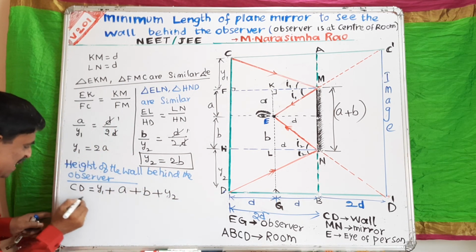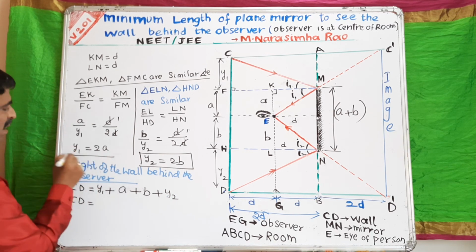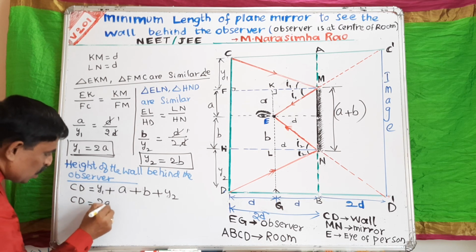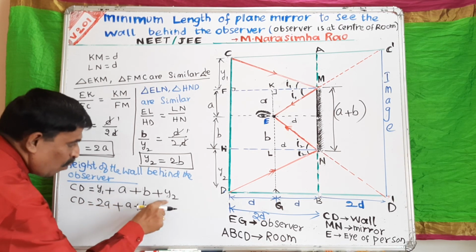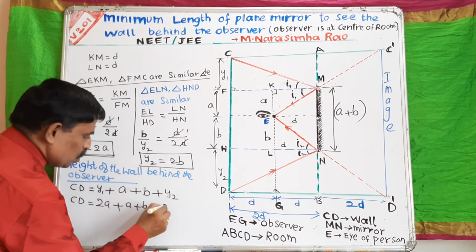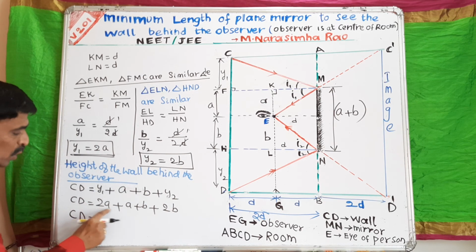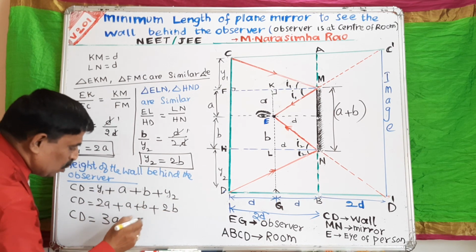CD is equal to Y1, which means 2a, plus a, plus b, plus Y2, which means 2b. CD is equal to 2a plus a, 3a, plus b plus 2b, 3b.